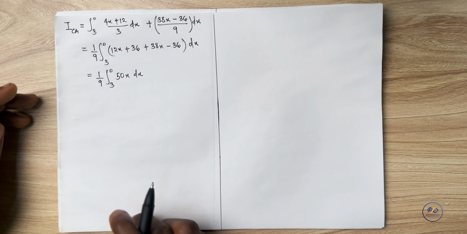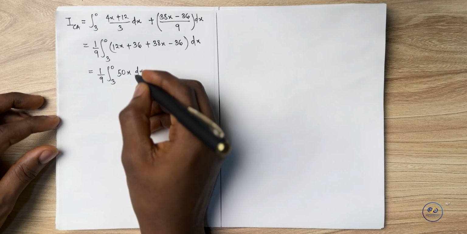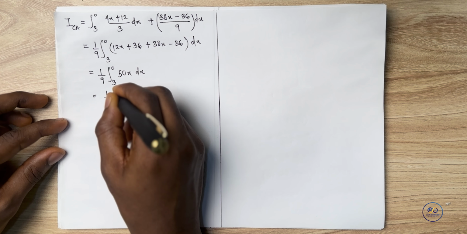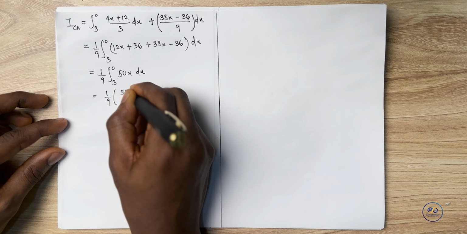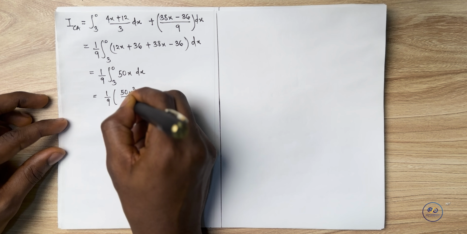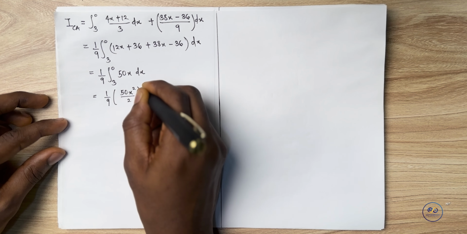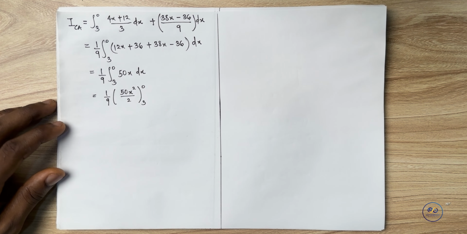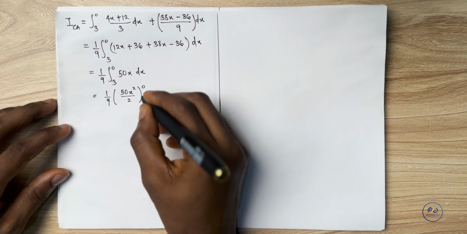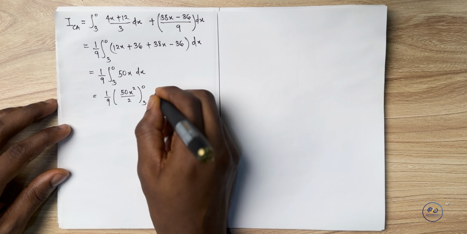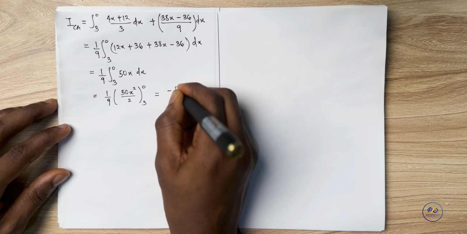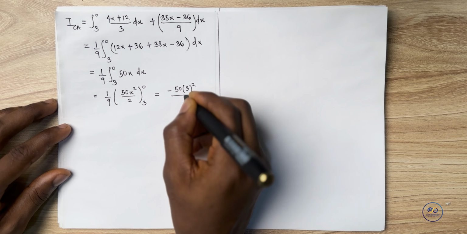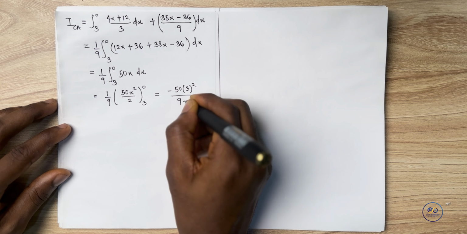So from here, if we evaluate this, we would have 1 over 9 times 50 x squared over 2 evaluated from 3 to 0. Now the upper bound in this case vanishes as 0, and then the lower bound exists, so we're going to have minus 50 multiplied by 3 squared, divided, of course, by 9 times 2.